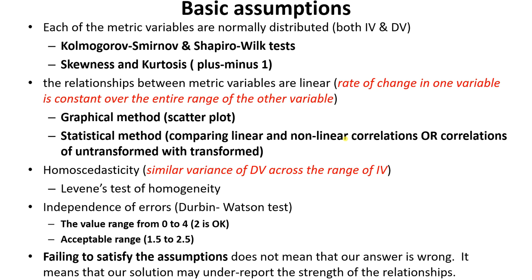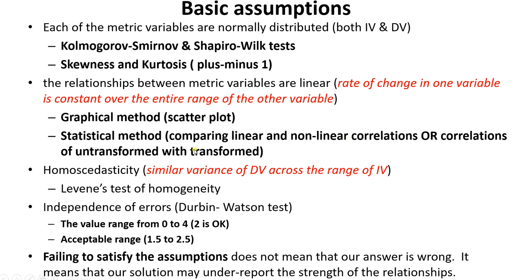But suppose the quadratic trend fits better and the value of correlation increases, then we can refute the assumption of linearity and say that the relationship is non-linear, it is quadratic.